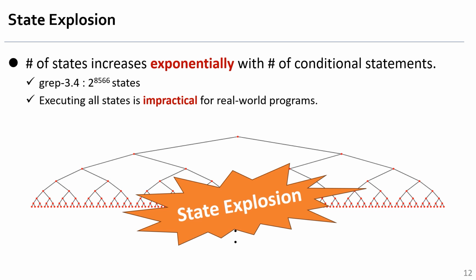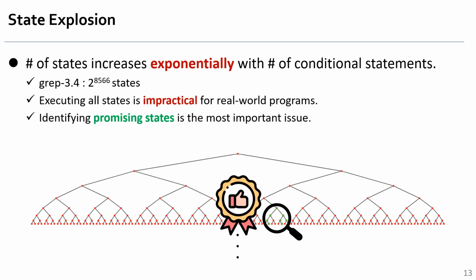So executing all of them is impractical for real-world programs due to limited costs. State explosion is an open challenge for many domains, and to mitigate this, identifying promising states became one of the most important issues of symbolic execution, and many prior works suggested their own method to achieve that goal.